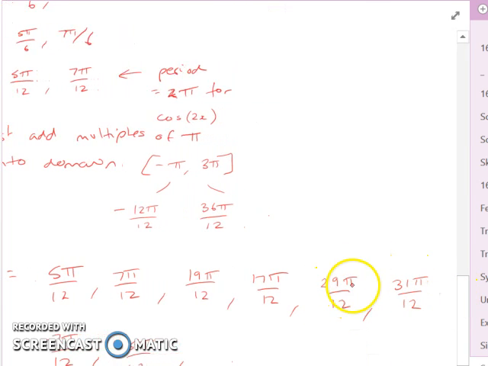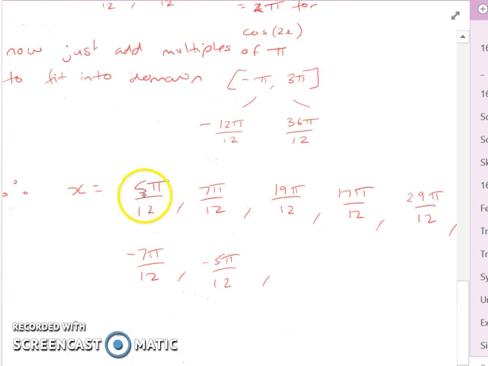29 pi on 12, if I add 12 pi on 12 over there, that's going to give me 41 pi on 12, which is bigger than this bit, so it's outside the domain. And then you just go back the other way. You take that angle and you subtract pi. You take that angle, you subtract pi. I may have mixed that up, but that's the method, okay? And then let's look at it visually.